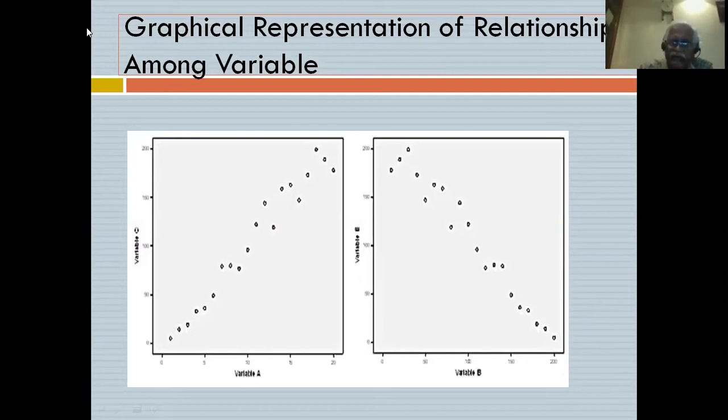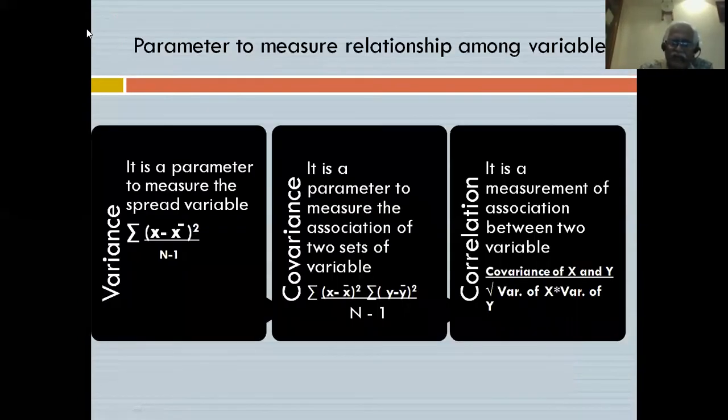That means one is a positive relationship and one is an inverse relationship. Now the question is, can we measure these relationships? That was the question. Next. There are two parameters which help us to measure the association of two sets of variables. One is the covariance, another is the correlation.